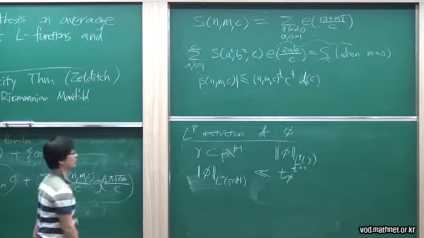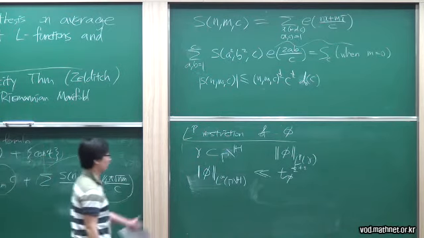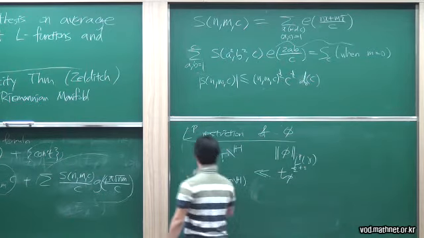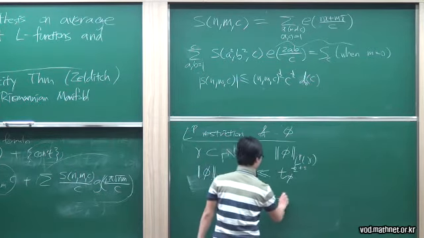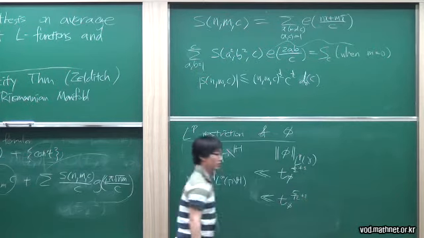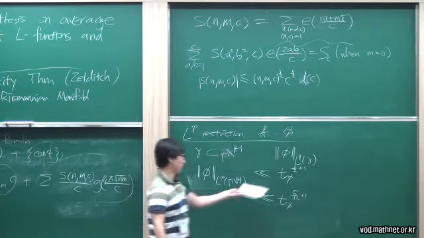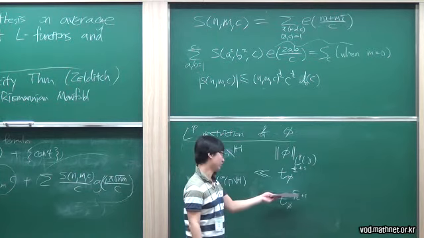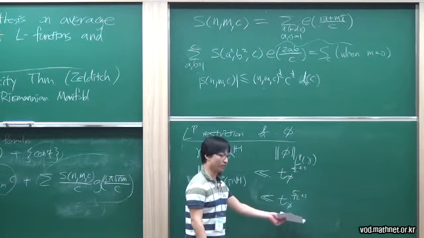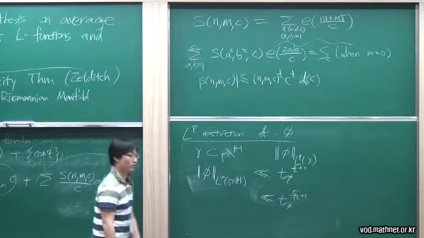But then if you use some extra information coming from assuming phi is a Maass Hecke cusp form, one can actually prove 5/12 plus epsilon. But then this bound here in general is sharp. But because we are assuming a Maass Hecke cusp form, we are getting some better exponent here. So what's the expectation?